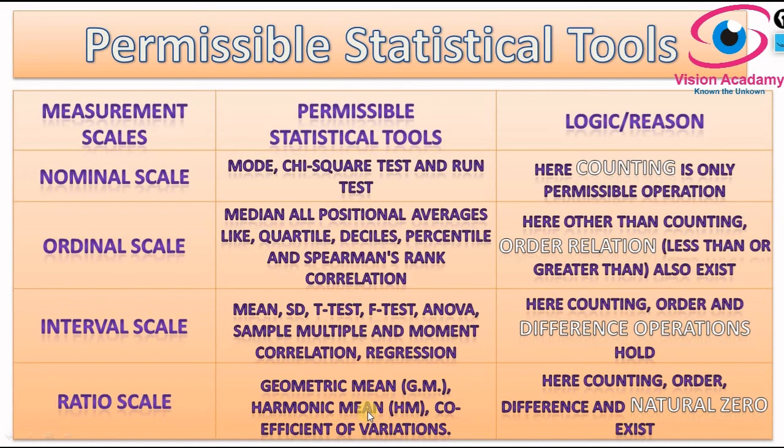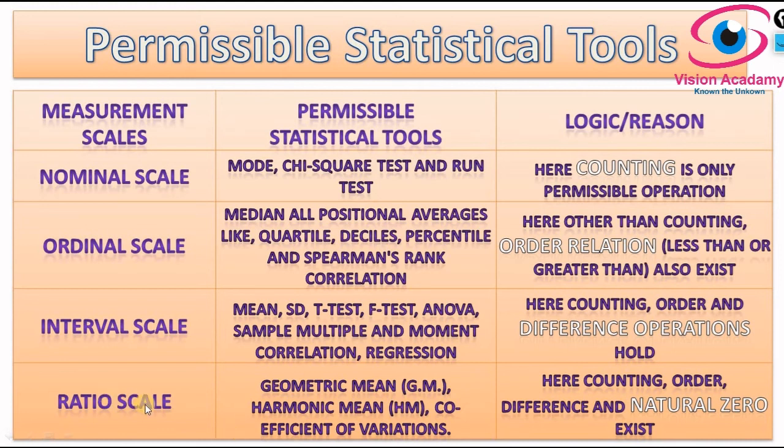Here I have listed the scales, based on the information provided, from lowest to highest level. Lowest to highest means nominal, ordinal, interval and ratio. In nominal scale, only some simplex tools you can apply. In the ratio scale, along with simplex, all complex statistical tools you can apply.